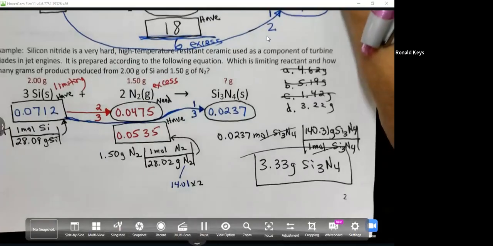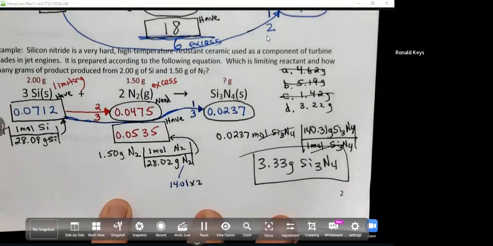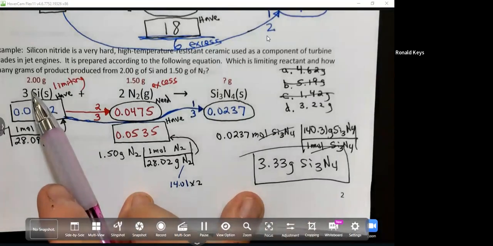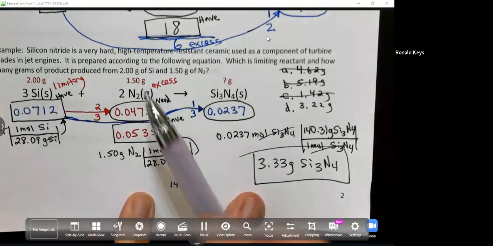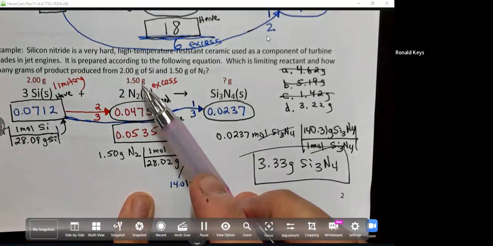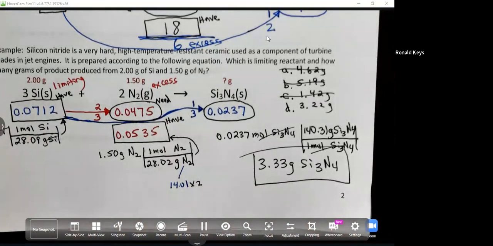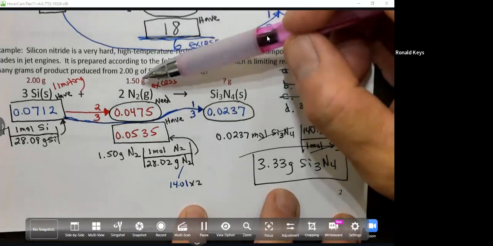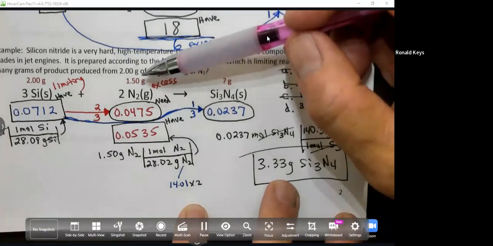Now let's talk about this before we turn the page and do one. 3.33 grams here came from 2 grams here. How many grams of the 1.50 grams are left over? 0.17, right?